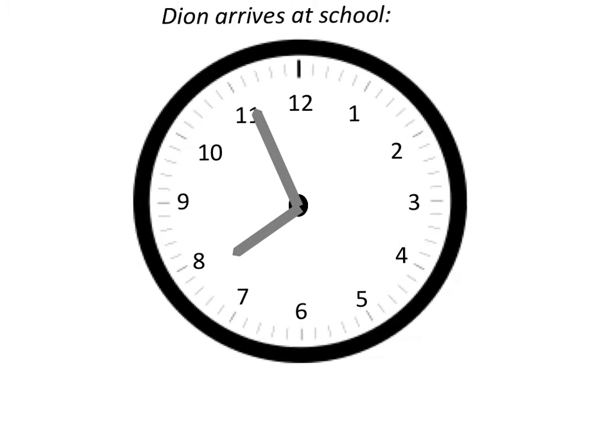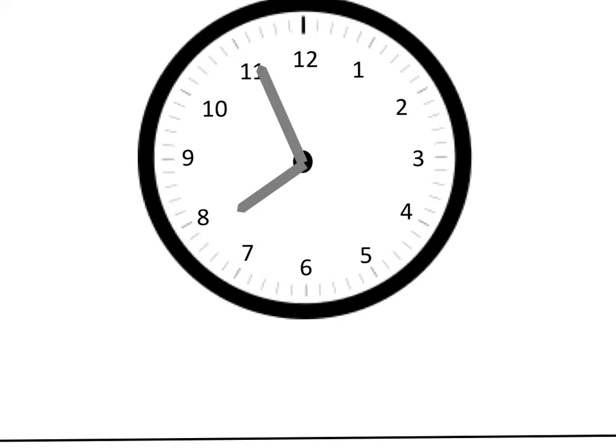Let's read the clock to figure out what time he arrives at school. My hour hand is still in between 7 and 8, so I know my hour is 7. My minute hand, 0, 5, 10, 15, 20, 25, 30, 35, 40, 45, 50, 55, 56.